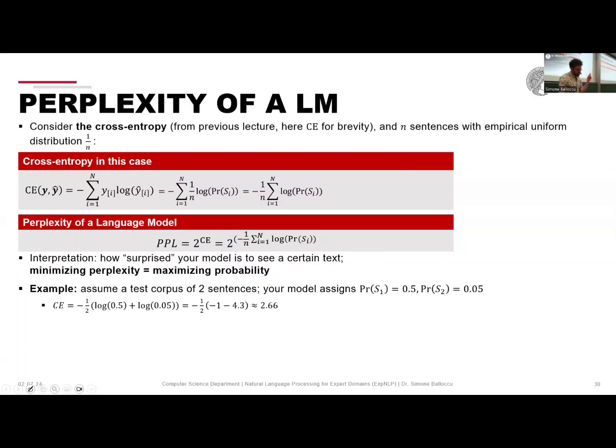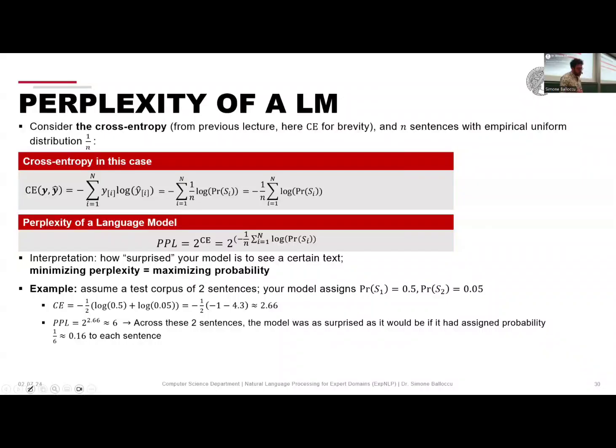You calculate your cross entropy, you obtain 1 divided by 2, blah, blah, blah, which is roughly 2.66. 2 elevated to 2.66 is roughly 6.3, something like that, which can be interpreted as: your model, on average, across these 2 sentences, is as surprised as it would be if it had assigned probability 1 divided by 6, so 0.16, to each sentence.